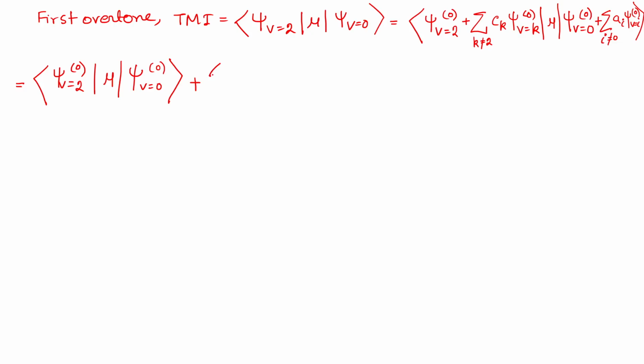Then the second one will be the summation over k not equal to 2 of c_k, ψ_v=k, mu.